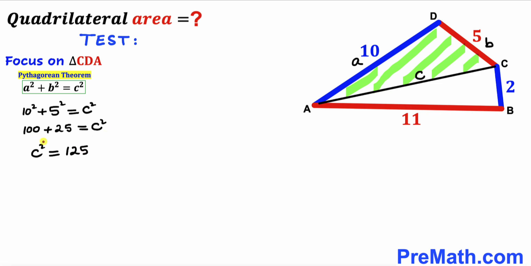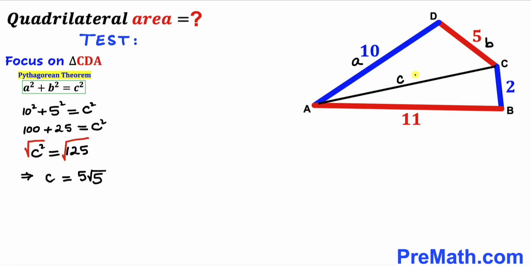Now we undo the square by taking the square root on both sides, and our side length c turns out to be 5 times the square root of 5.